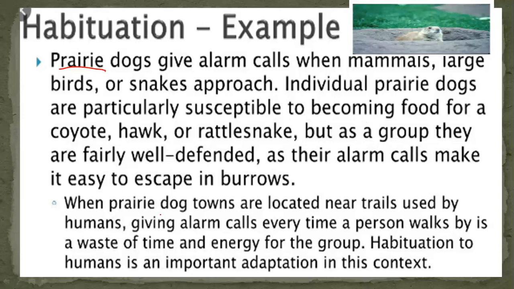But in case of humans, when prairie dog towns are located near trails used by humans, like the places where these prairie dogs make their burrows, giving alarm calls every time a person walks by is a wastage of time and energy as well.